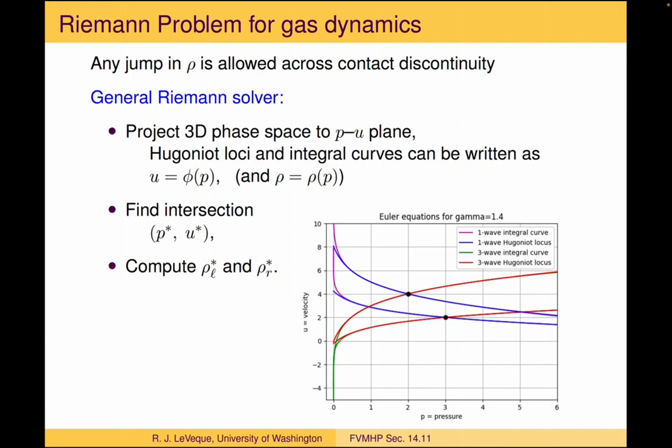They would in general be two different values. We would have to follow the one-wave curve from Q left in the three-dimensional space, and the three-wave curve from Q right in the three-dimensional space, and those would lead to the same pressure and velocity at the intermediate state, but to different densities.